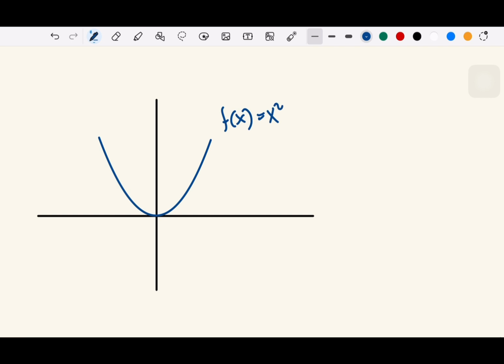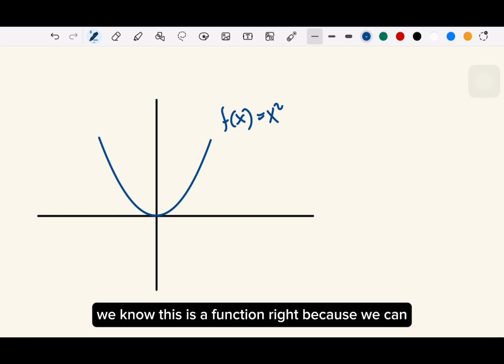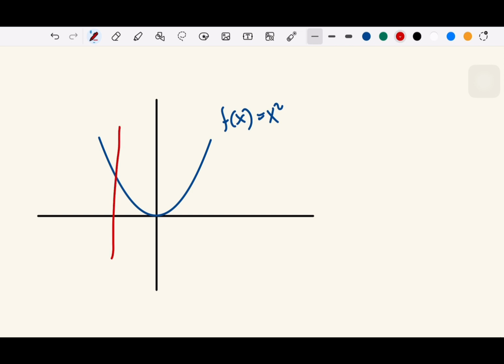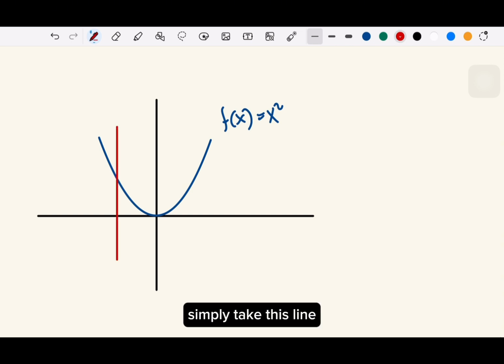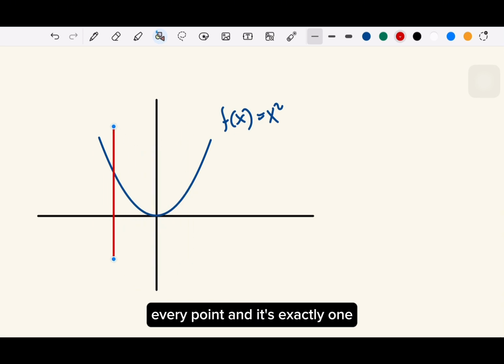We know this is a function, right? Because we can simply take the vertical line at every point and it's exactly 1. So we say that this is a function.